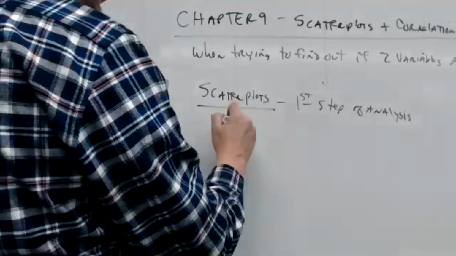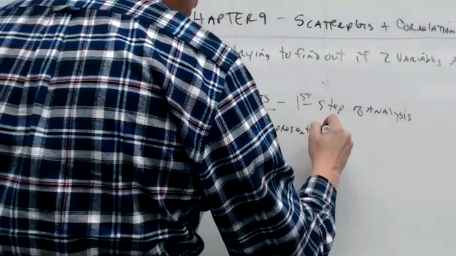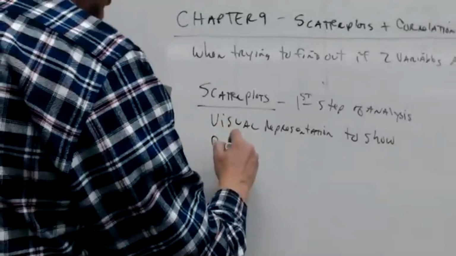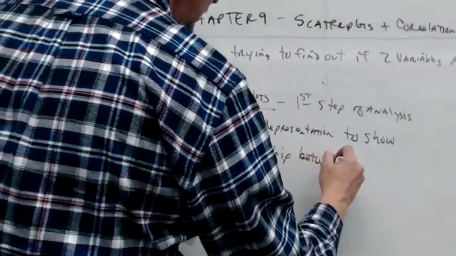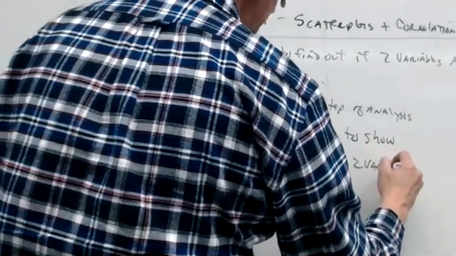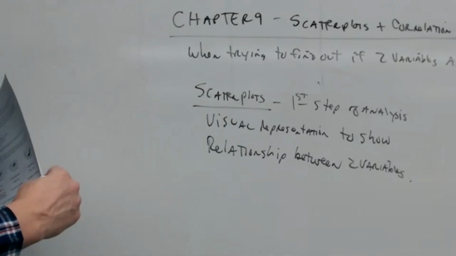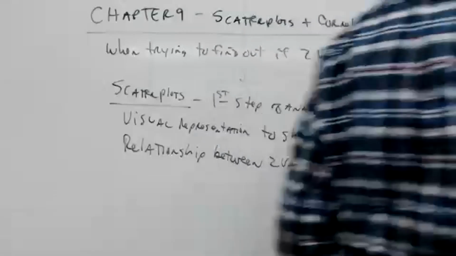And it is a visual representation to show the relationship between two variables. Okay? All right, now, I realized I went off the board there. Okay, so I don't have a lot of room here because I'm so close.